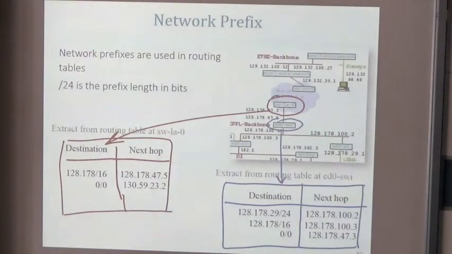So this is something that leads to the outside. This is something that leads to the backbone of EPFL. And this is something that leads to a specific subnet that is not reachable via the backbone directly, or the optimal path doesn't go through the backbone. We saw the concept of subnet and subnet mask, so here it's a bit different.